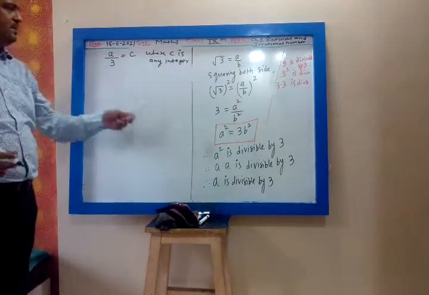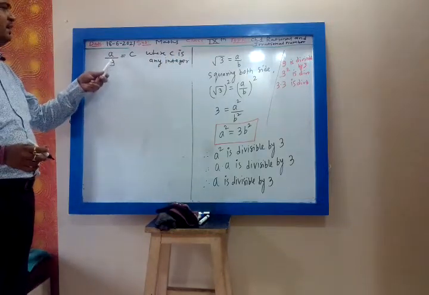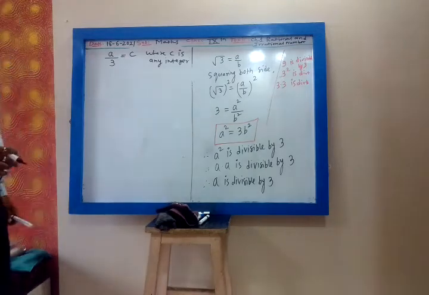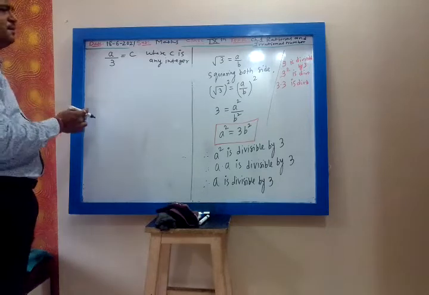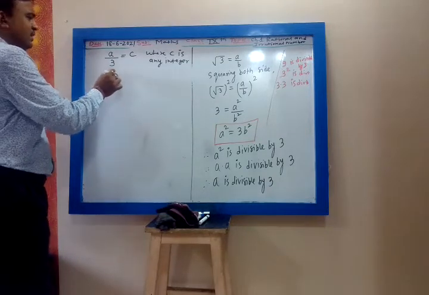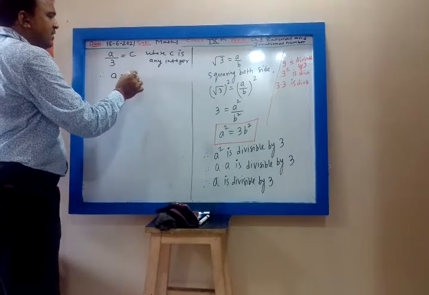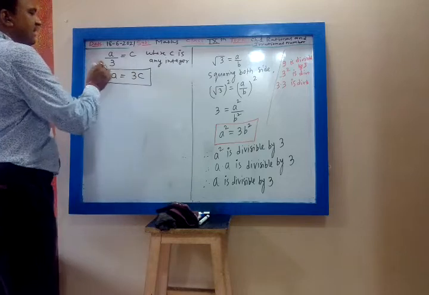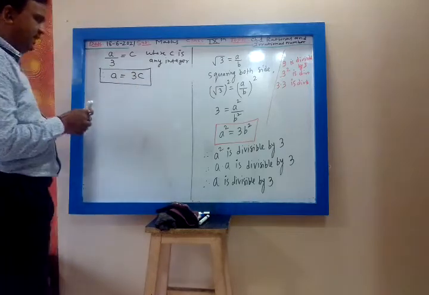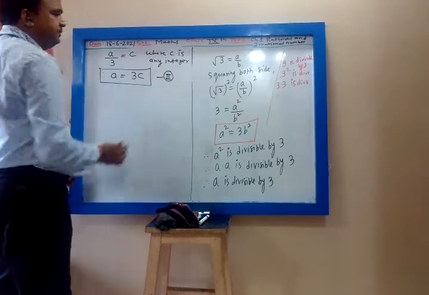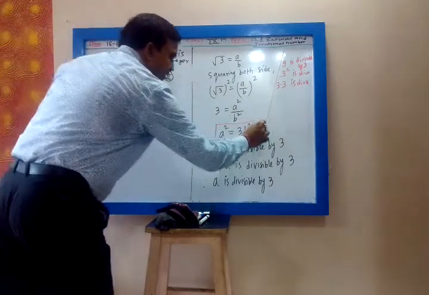So A upon 3 can be written as C. Now cross multiply. So A is equal to 3C. This is my equation number 2, and this is my equation number 1.